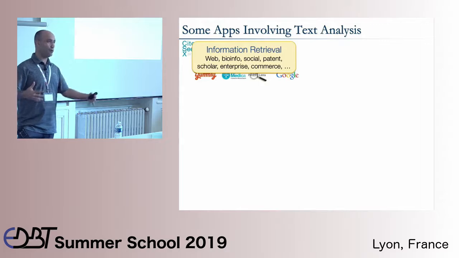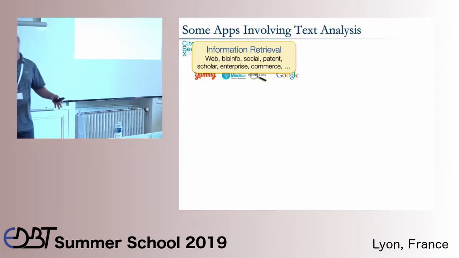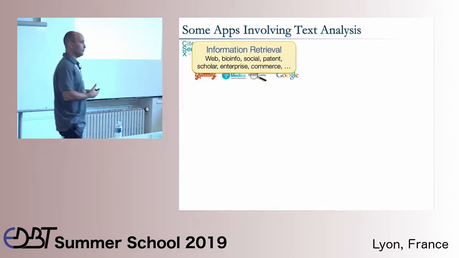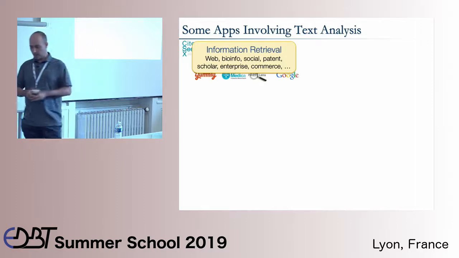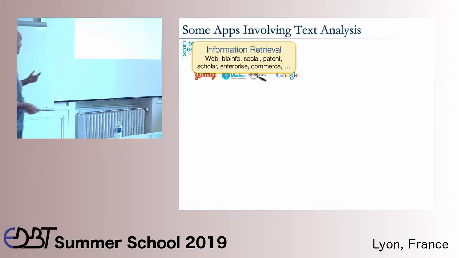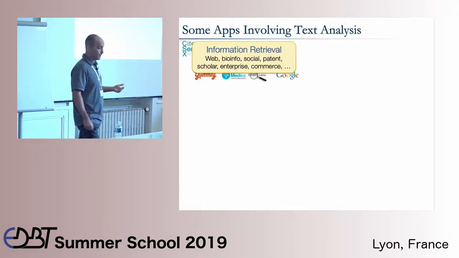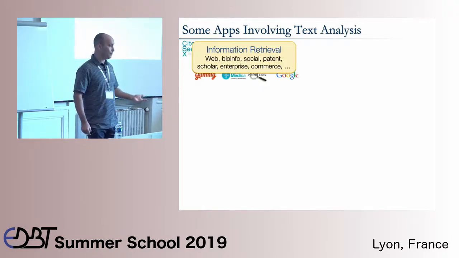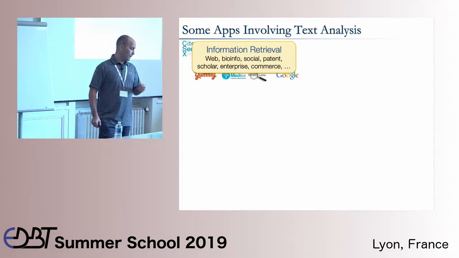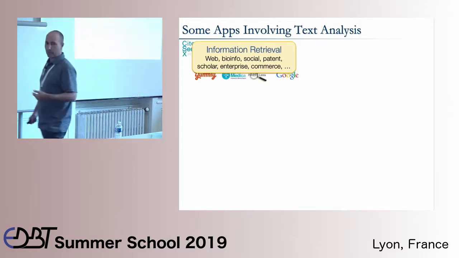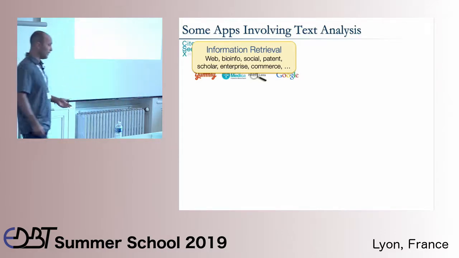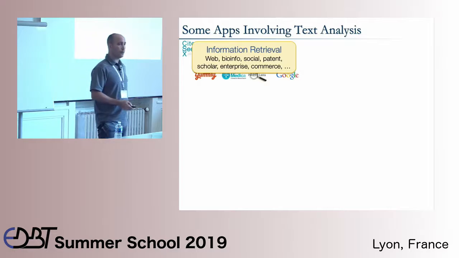We expect them to understand the meaning of the query, to understand the meaning of a document or text or HTML, to understand how the two match together, and so on. This is also the case with specific domain search engines like Scholar when you're looking for papers, or search on social networks, search in the biological domain. I'll speak about it a little.